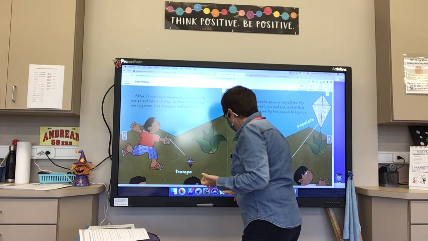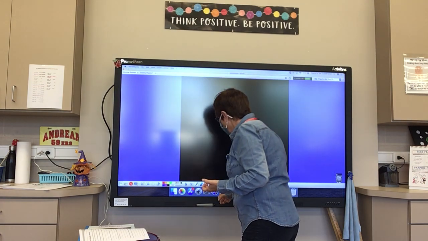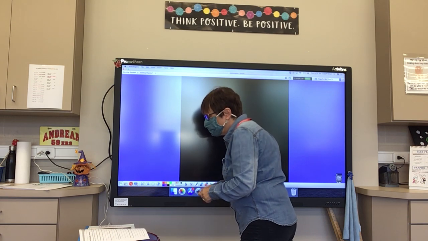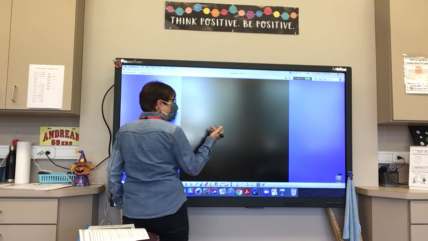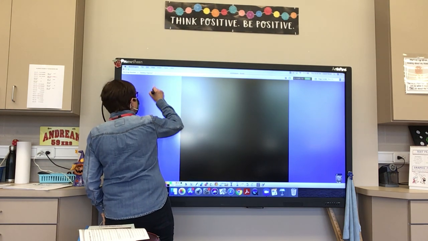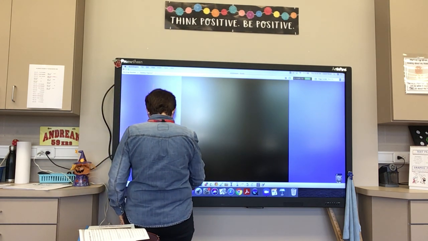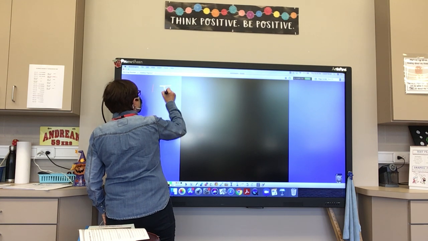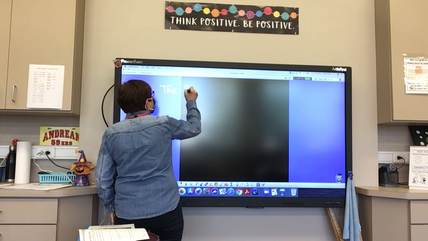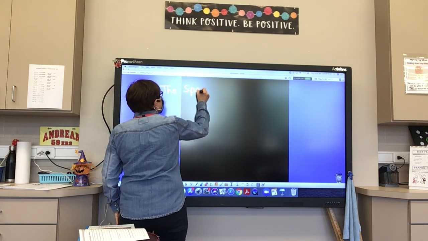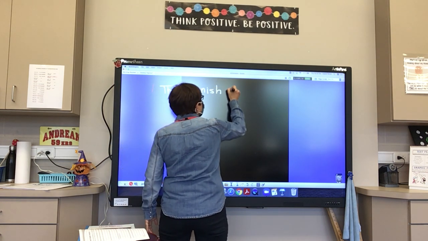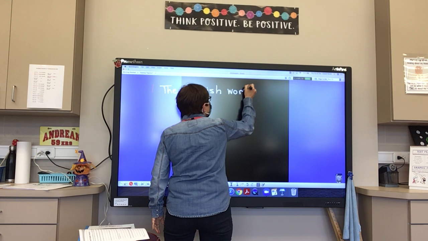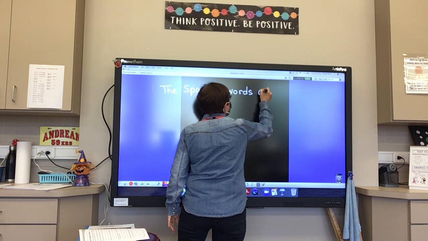We're going to write it in a sentence. So we'll say the Spanish words, I'm going to write it white, the Spanish words are in italics.